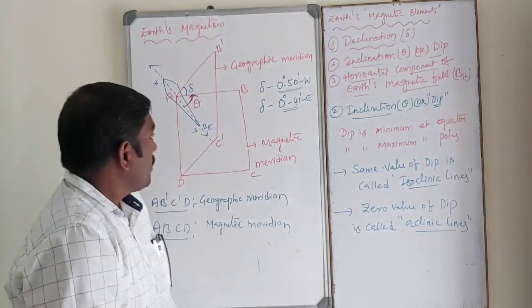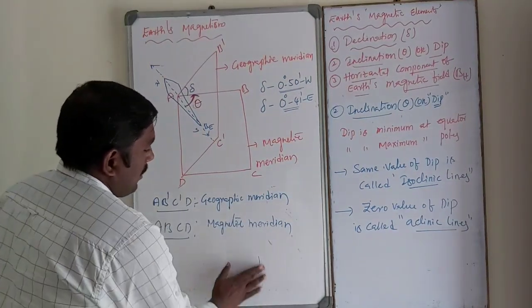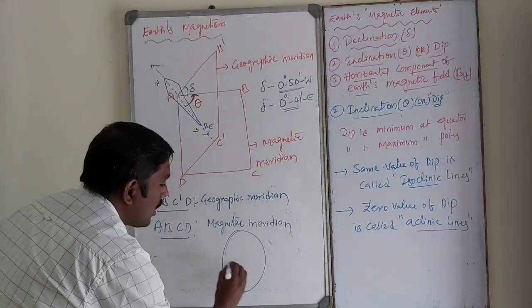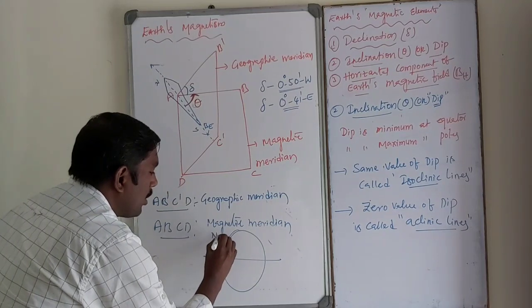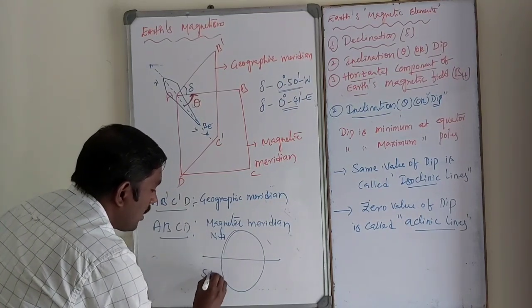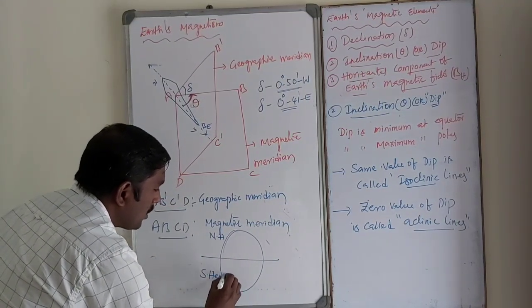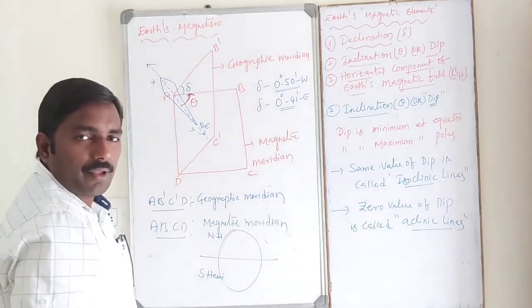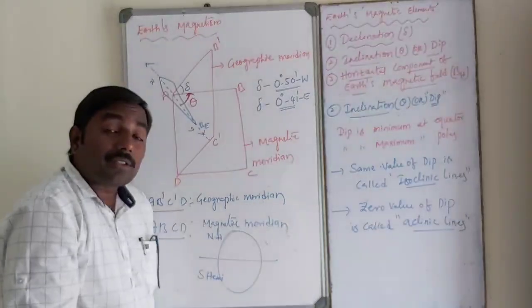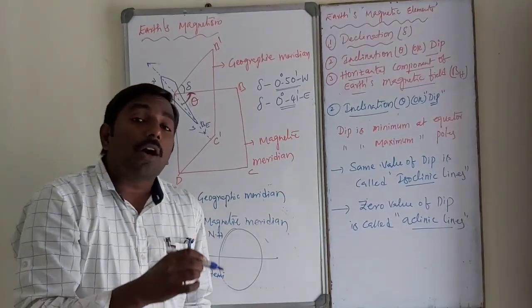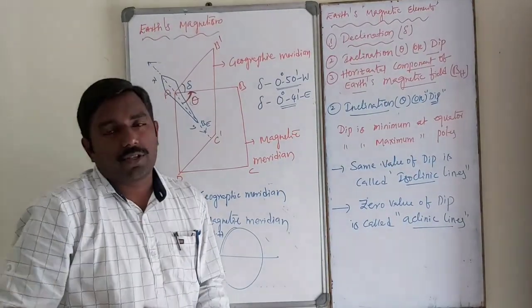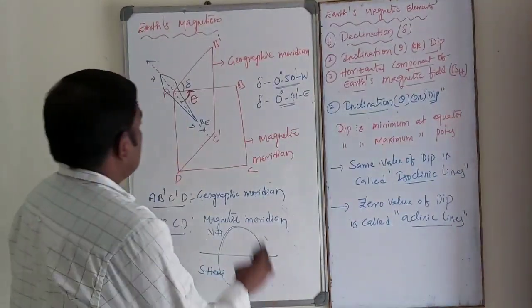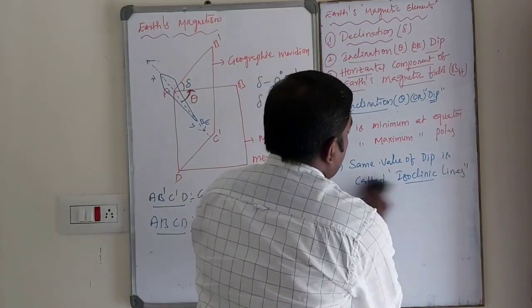One more. See, northern hemisphere. See, dear students, this is Earth. This is the northern hemisphere. This is the southern hemisphere. At northern hemisphere, the north pole of the needle tilted downwards.